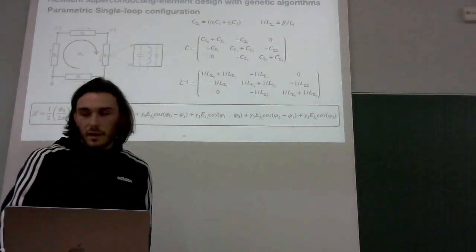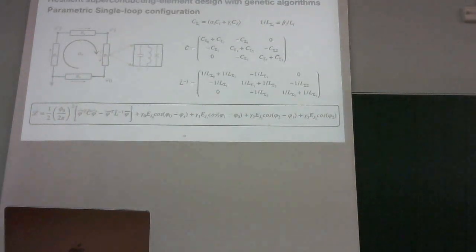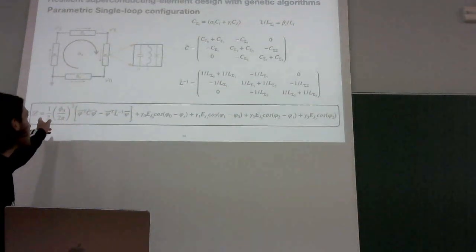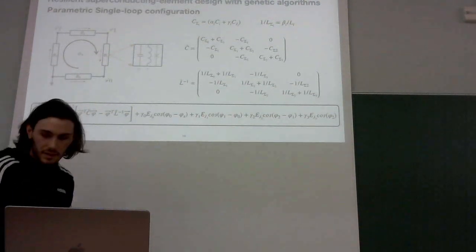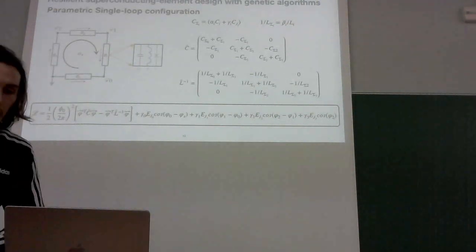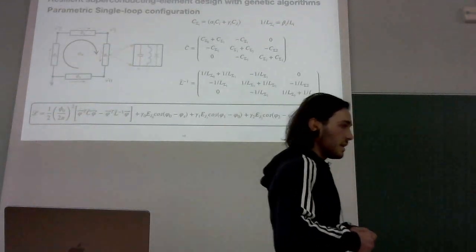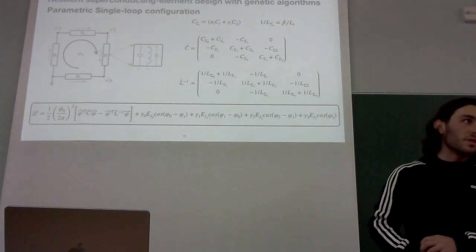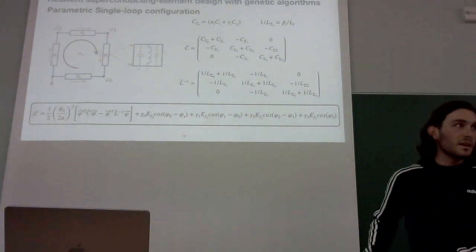So the circuit structure that they target was this one. Here it looks a little bit cumbersome, but it's just a loop where in every branch we have all three components.